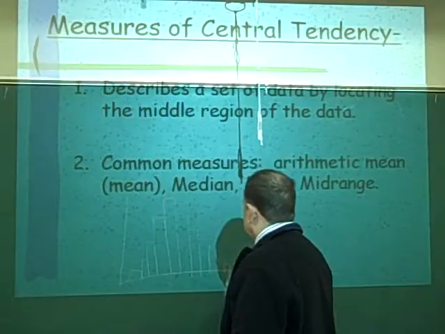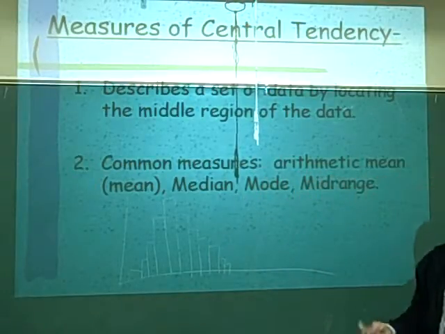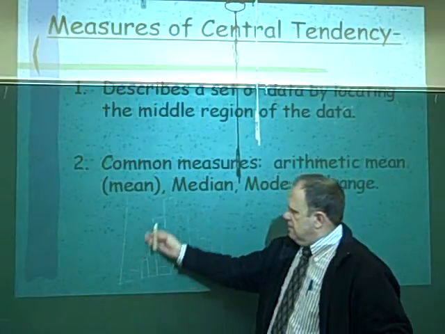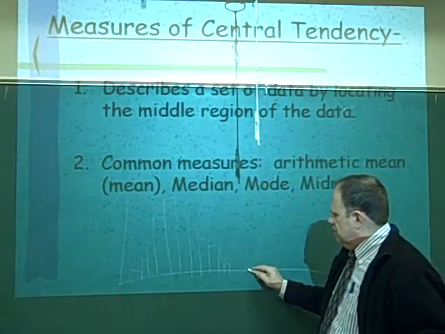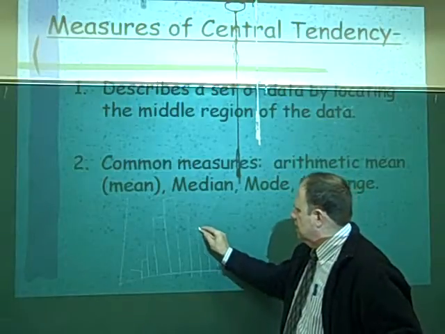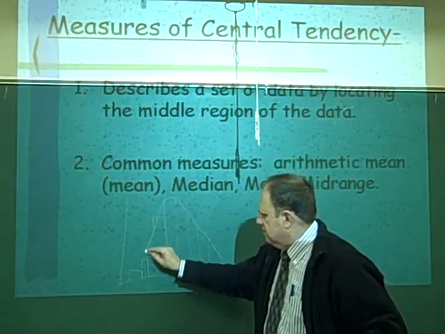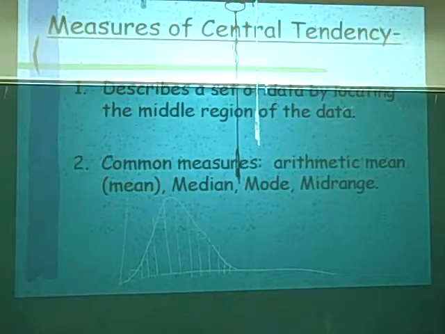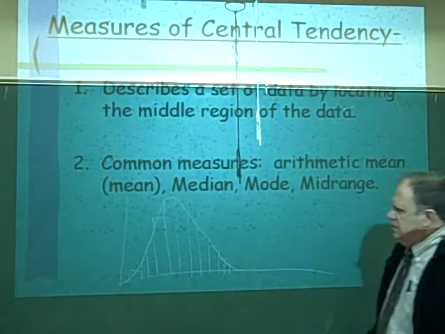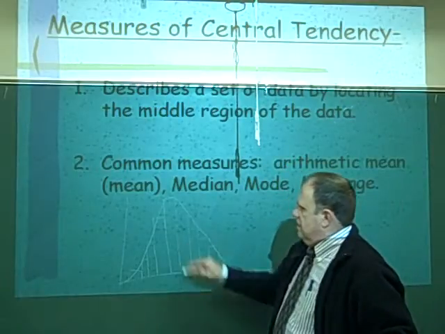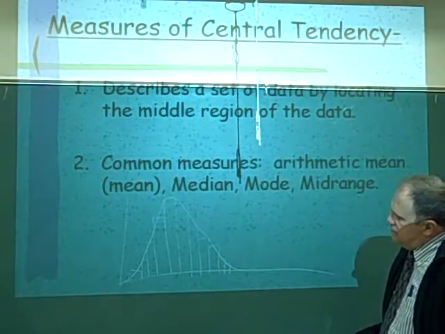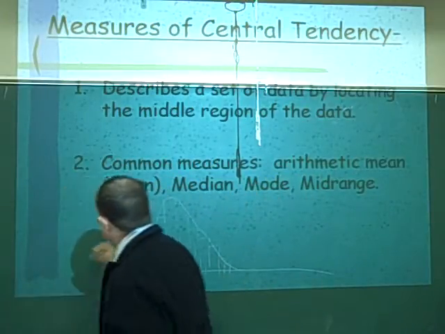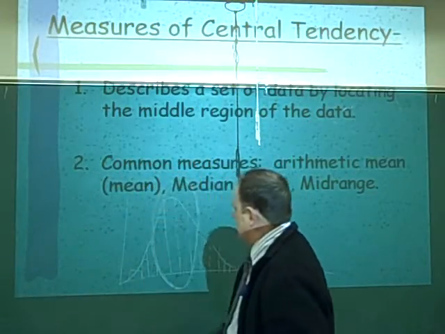Well, if you get enough of a frequency distribution, what you end up getting is a bell curve. That's not exactly the best symmetrical curve, but you get the idea: what we want to do here is get the data in the central region.